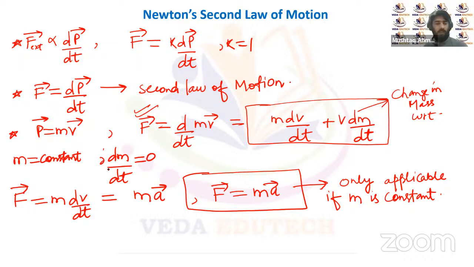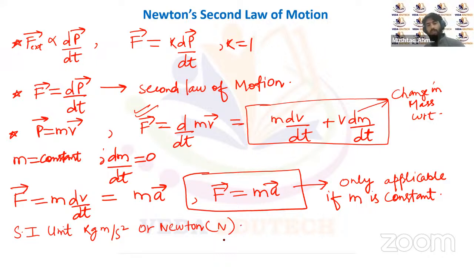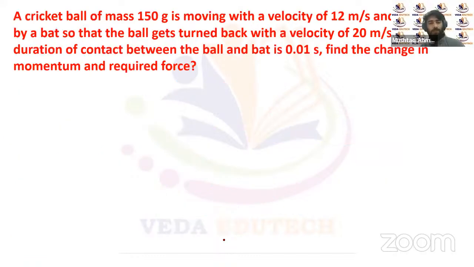From here, the SI unit will be kg meter per second square, or we call it Newton. So this is the second law of motion: it's dp over dt, the rate of change of momentum with respect to time. And F is equal to ma is only valid if the mass of a body is constant.